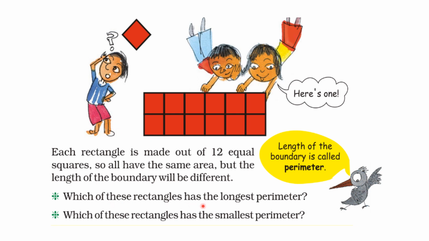Which of these rectangles has the longest perimeter and which has the smallest perimeter? So we got 7 rectangles. Out of these 7 rectangles, you have to find which rectangle has the longest perimeter and which has the smallest perimeter. So before doing this sum, let us learn what is area and perimeter. It's clear?